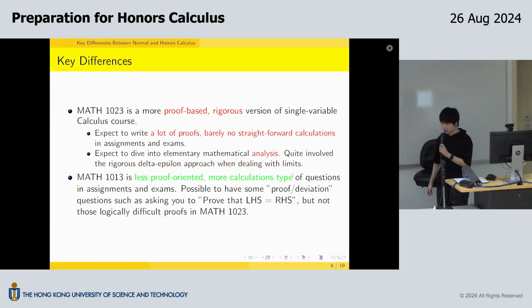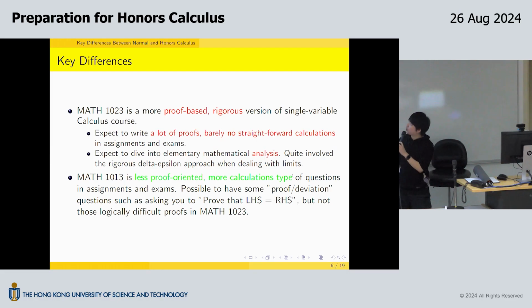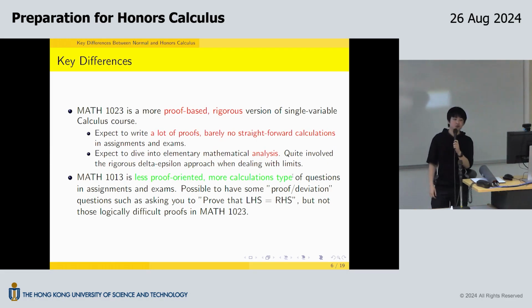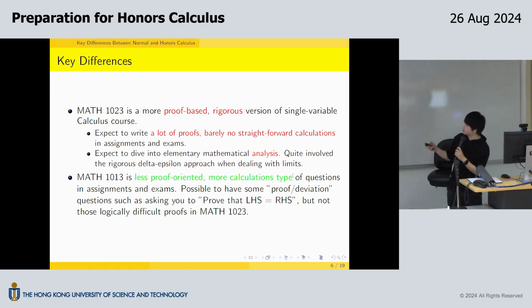Okay, right. So now I want to talk more about the key differences between the honor versions of calculus and the normal versions. The honor calculus, Math 1023, is a much more proof-based course, and it is a more rigorous version of calculus.